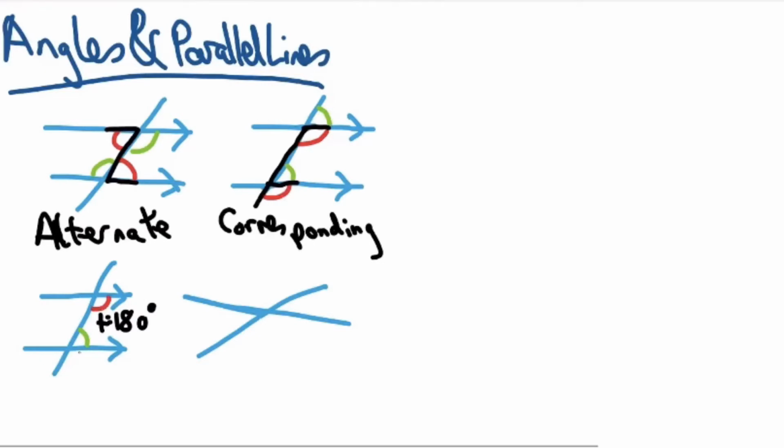So if this was 70 here, this would be 110 here. If this was 50 here, this would be 130 here, and so forth. Or that would actually have to be the other way around, because they're obtuse and acute, but you get the idea. These are going to be called complementary angles.